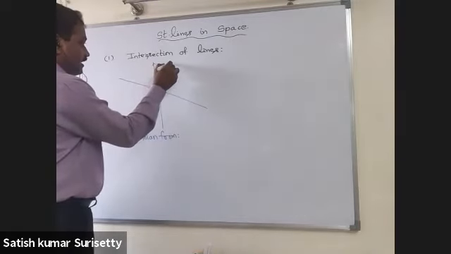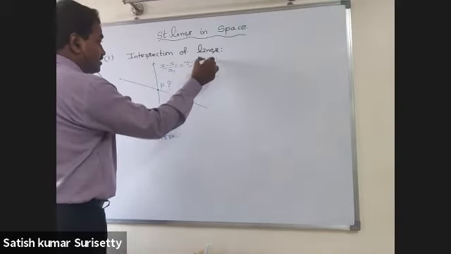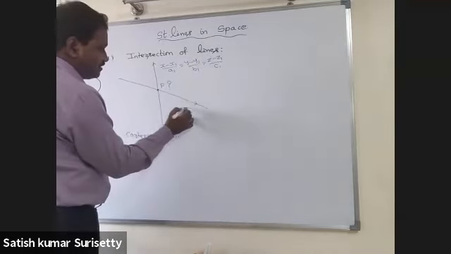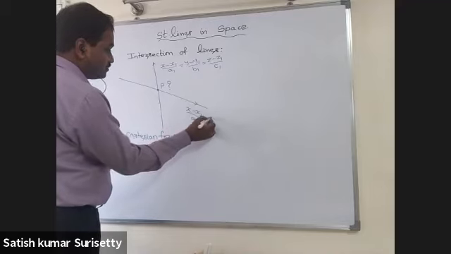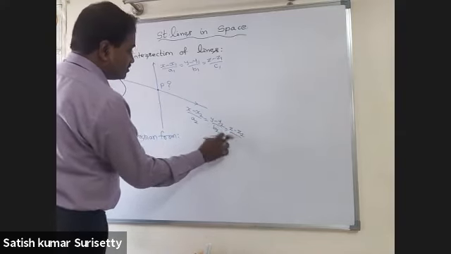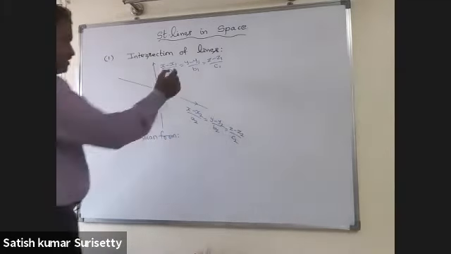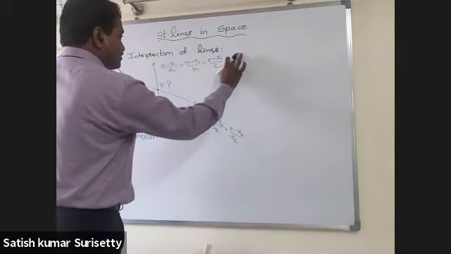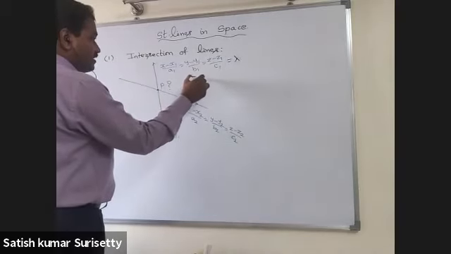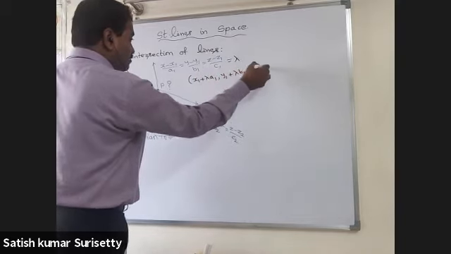Let us take equations of two lines in Cartesian form. First line: x minus x1 upon a1, y minus y1 upon b1, z minus z1 upon c1. Another line: x minus x2 upon a2, y minus y2 upon b2, z minus z2 upon c2. Now we can write any point on line 1 by equating it to lambda: x1 plus lambda a1, y1 plus lambda b1, z1 plus lambda c1.